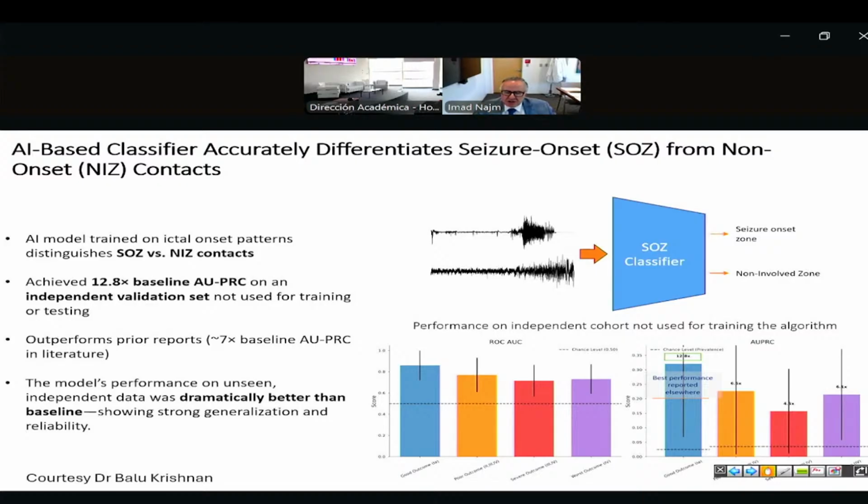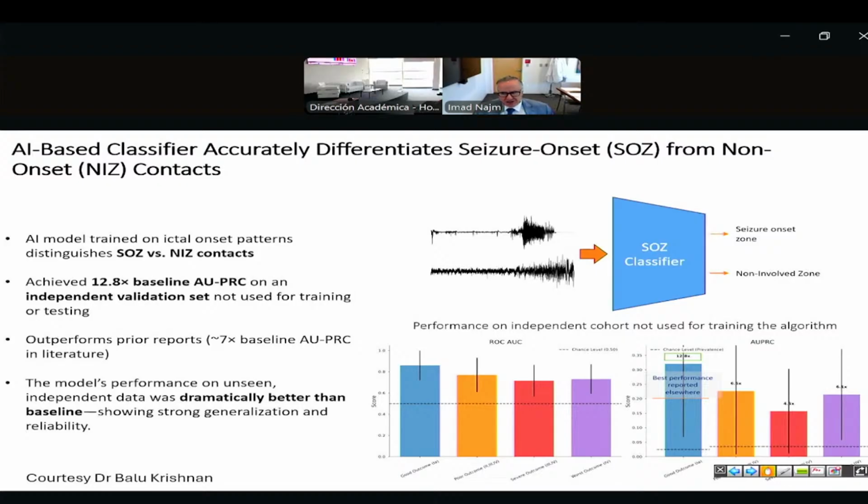So, completely independent patient population. This model performance was tested on independent unseen data and showed dramatically better results than baseline.